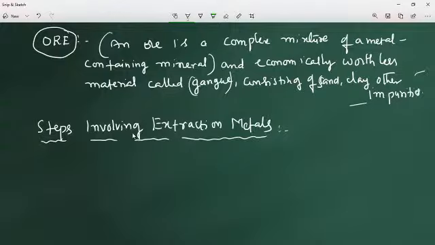In such a case, the compound mineral should be separated and we have to get the metal from it. Now in these steps involved in extraction of metals, the first step is called concentration of ore.